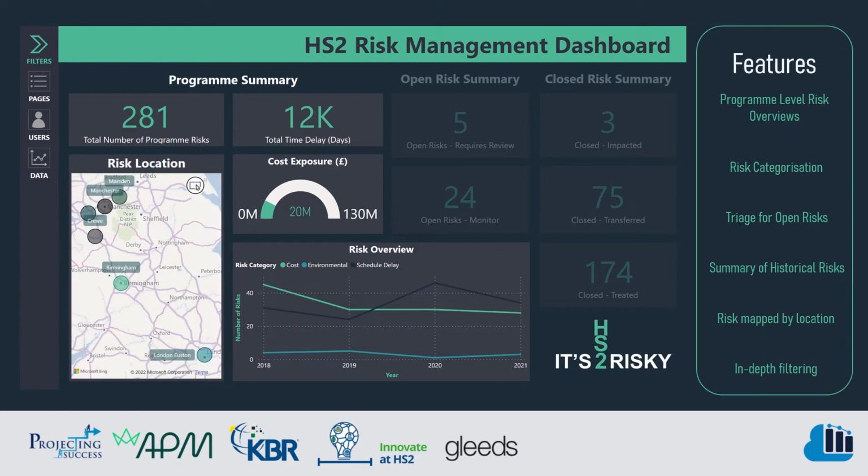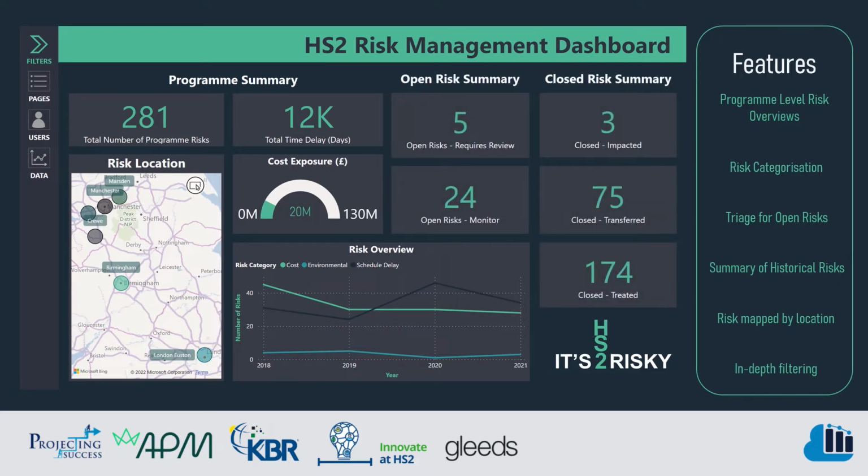Paired with risk location, this can provide powerful insights into where risks are occurring and track their occurrence rate over time to spot trends. The final element of this dashboard display is looking at a summary of both open and closed risks to enable immediate triage by the risk owner and project manager and highlight their impact on the project.